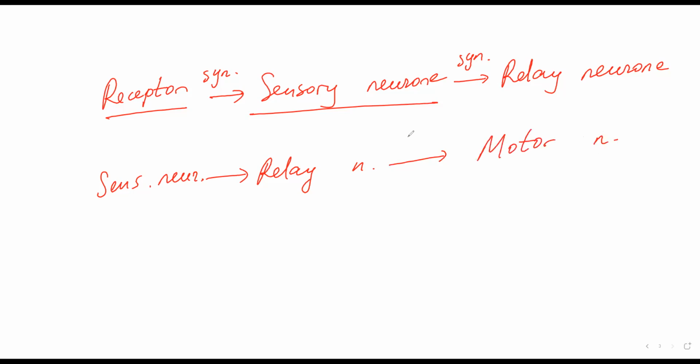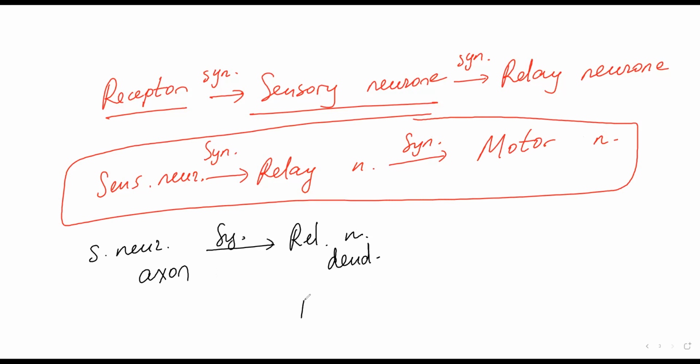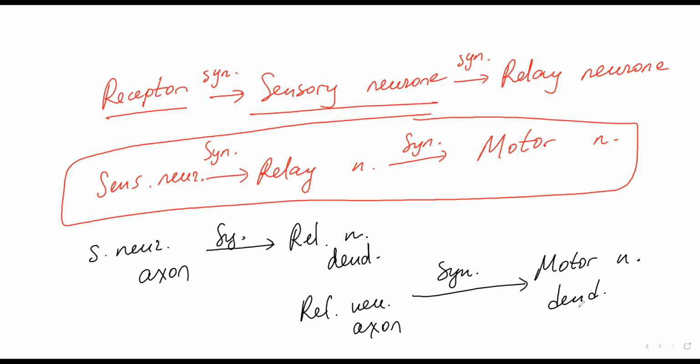So again, one synapse will be between relay and motor neuron, another synapse between sensory and relay neuron. So in the second example, the sensory neuron's axon in the synapse will join to the relay neuron's dendrite, or the relay neuron's axon makes a synapse with the motor neuron's dendrite.